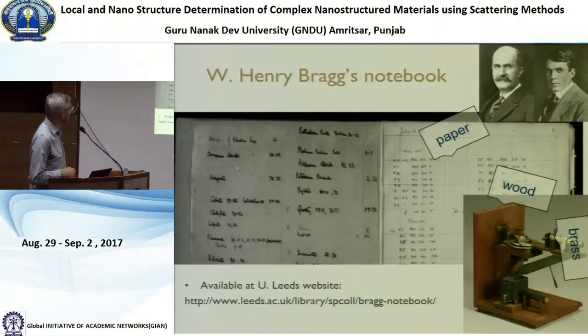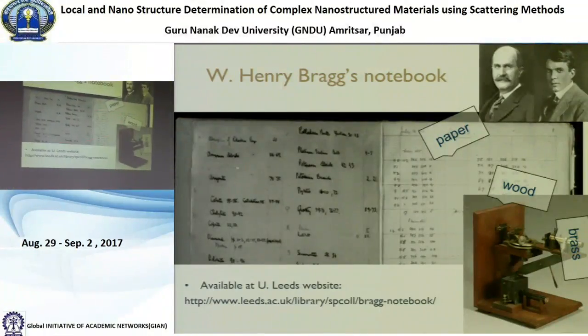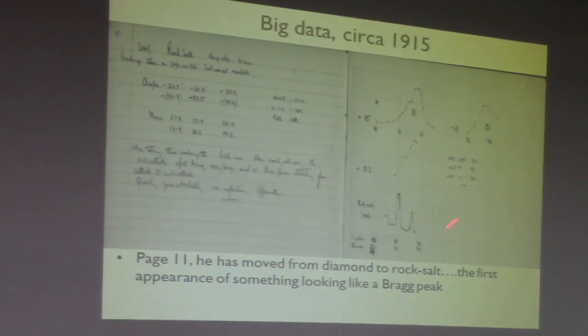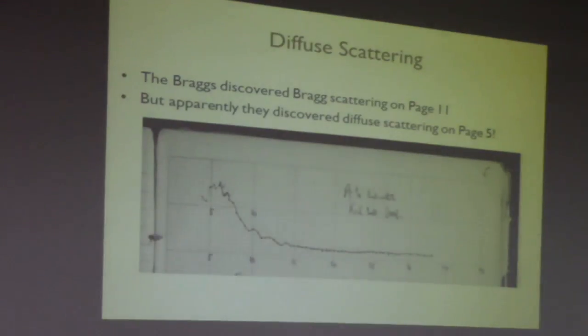I showed this to you yesterday. This is Bragg's notebook and the initial experiments. On page 11, there was a Bragg peak, the world's first Bragg peak. But interestingly, if you look through the notebook, Bragg discovered Bragg scattering on page 11, but on page 5, he shows a diffraction pattern that looks like this, and this actually looks like diffuse scattering.